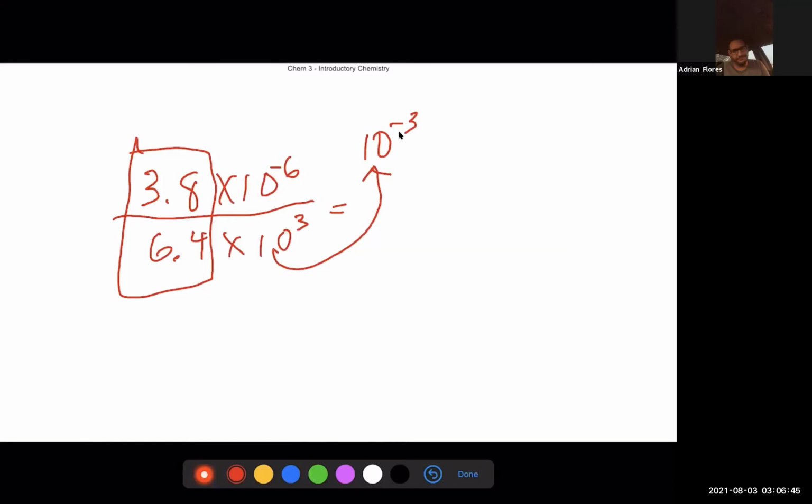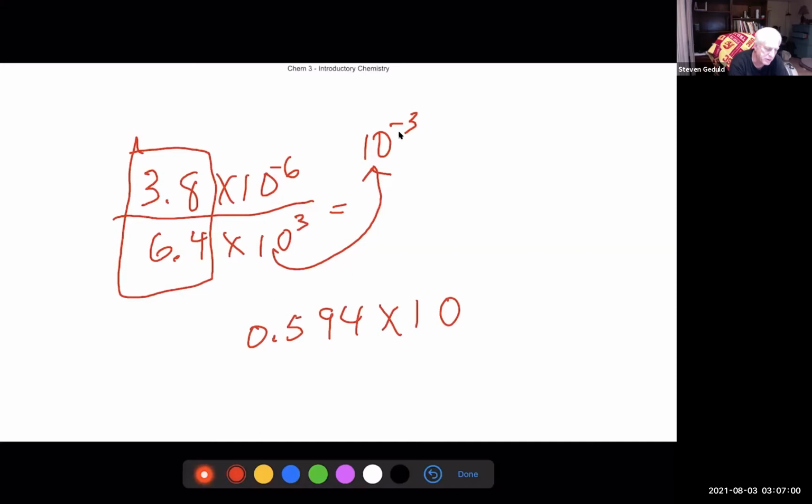So it becomes 3.8 divided by 6.4, which comes out to 0.594 times 10 to the, and then we got negative 6 and negative 3. So that's negative 9. Because when you're dividing, you bring it up and change the sign.